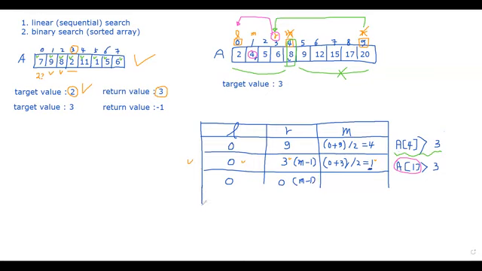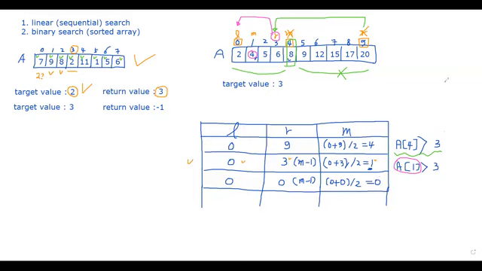So left and right have the same value. And we should find the middle data. The middle data is also 0 because 0 plus 0 divided by 2 is 0.